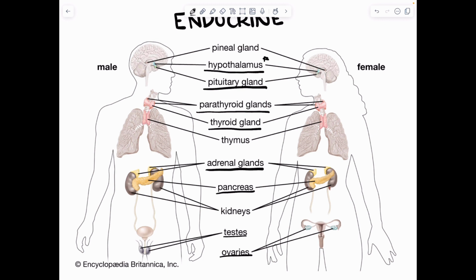So our big contenders are those five, a little bit of the pancreas too. I'm going to talk a little bit about each of them and what each of them do. In the endocrine system, essentially, the pattern is that a hormone is produced somewhere.